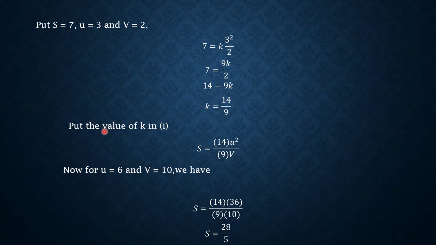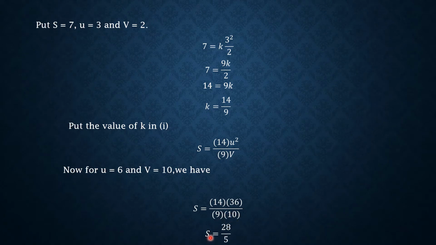Now put the value of k, which is 14 by 9, in equation number 1. We have s equal to 14 u square by 9v. Now for u equal to 6 and v equal to 10, we have s equal to 14 into u square, which is 6 square, equal to 36, divided by 9 into the value of v, which is 10.